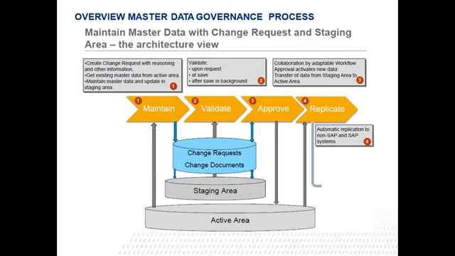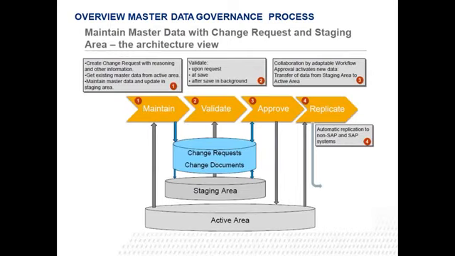In this slide, we can see different layers again. The bottom one is the active area, and in between is the staging area. The change request is not a layer. It is just an identifier when you are changing something.